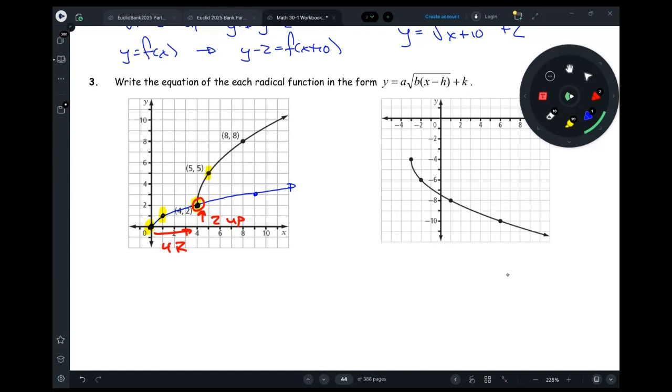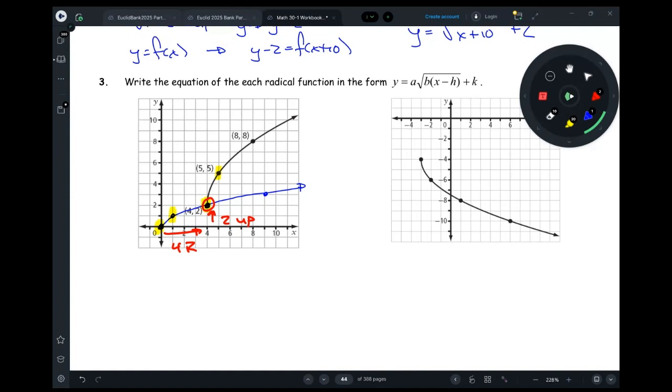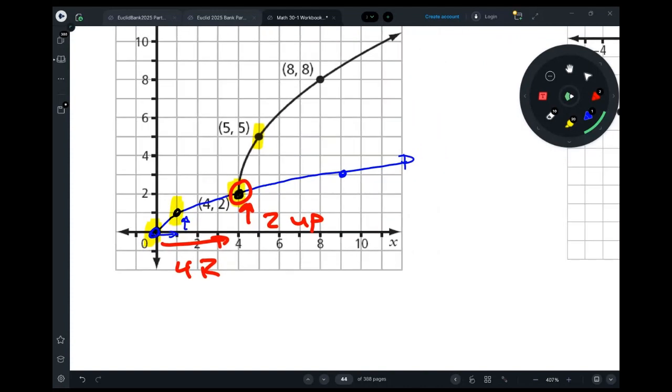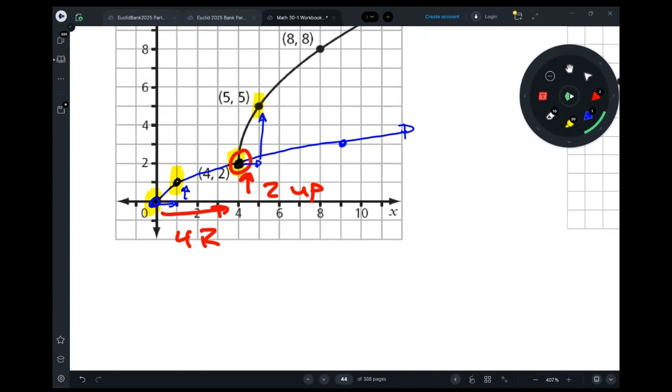So notice originally, we'll zoom in, if I go from the first point right here, I go 1 unit over, 1 unit up. But now I go 1 unit over, and to get back onto that function, I have to go 3 units up. So there's been no change horizontally, but there has been a change vertically.